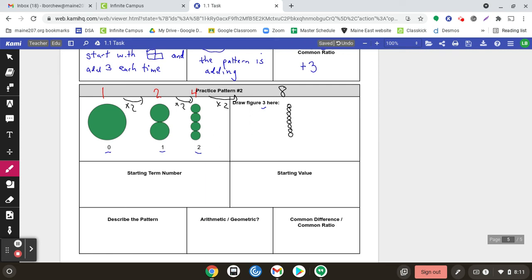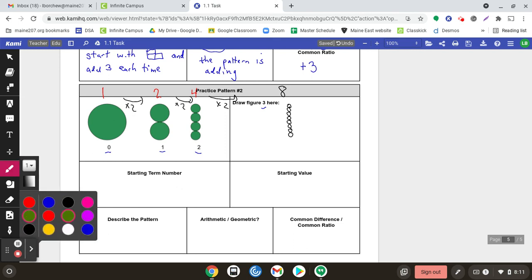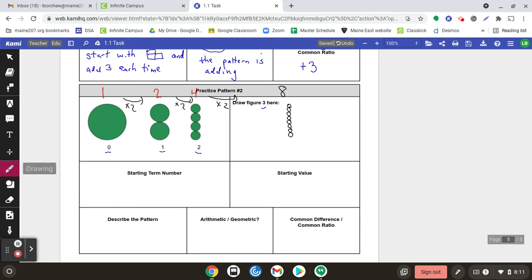And my starting term number, remember, my starting term number was how the first picture is labeled. The first picture is labeled as 0 in this case. The starting value from the previous pages was how many items are in the first picture. Well, we said there was 1 circle in the first picture, so I am going to label it since I know the units.